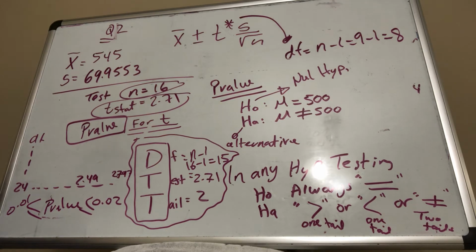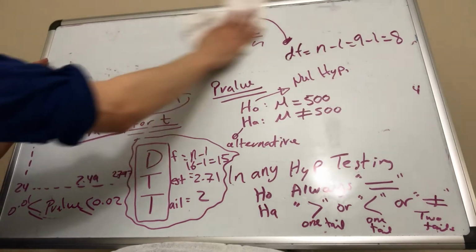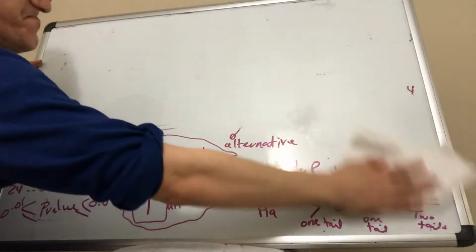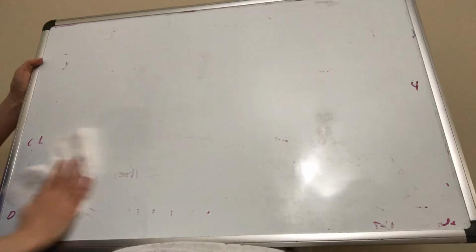Question 3. They give you 14 numbers, and they're all independent measurements. Okay, and they ask what's the standard error for the system, and find the 95% confidence interval.